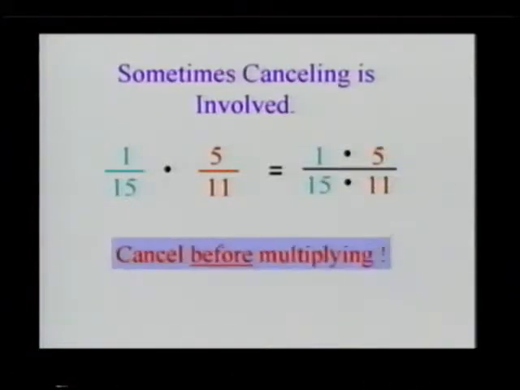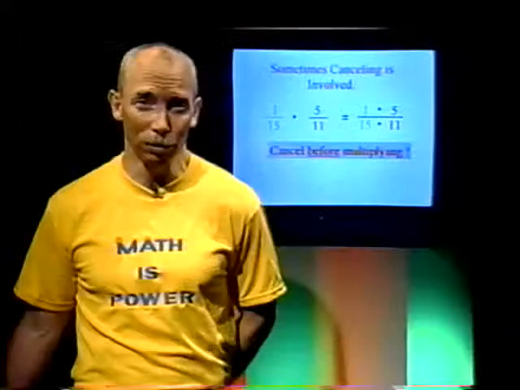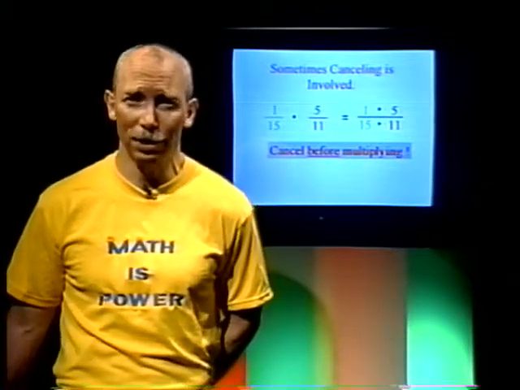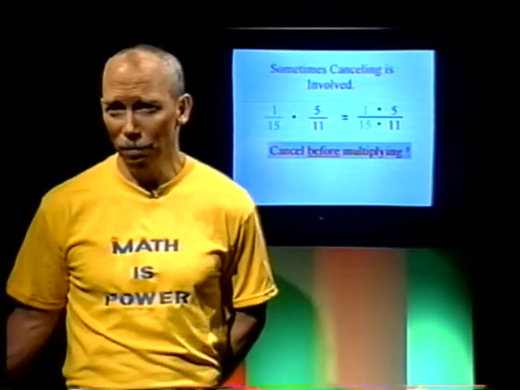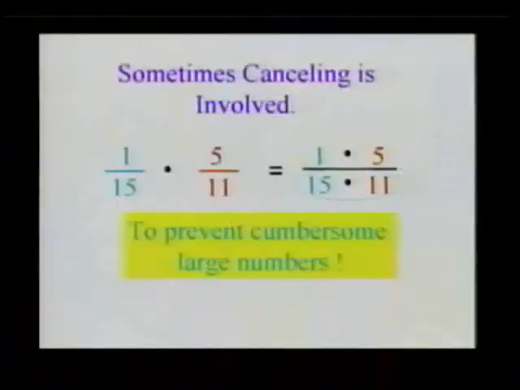Ew. Let's cancel before multiplying, so I won't have to do that high multiplication of 15 times 11. At least I'll be working with smaller numbers. It doesn't matter which you do when, but it's more strategic to cancel first.